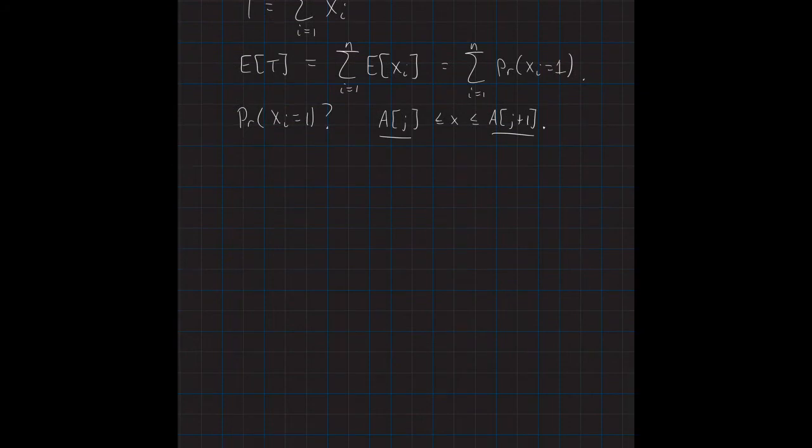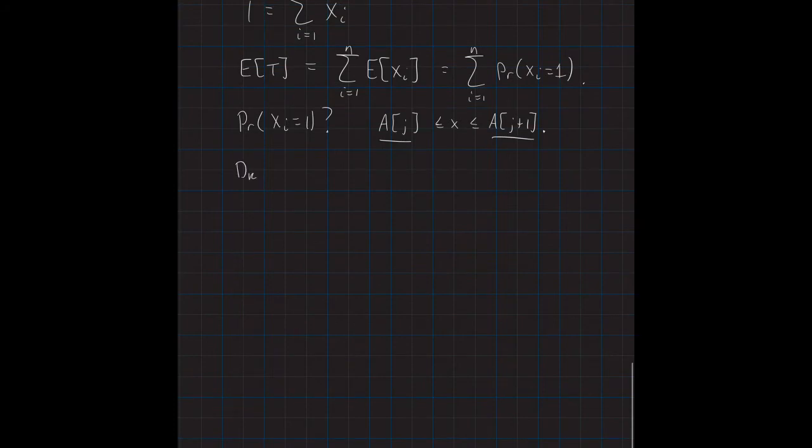In particular, let's define dk to be the point in the algorithm when we know xi.